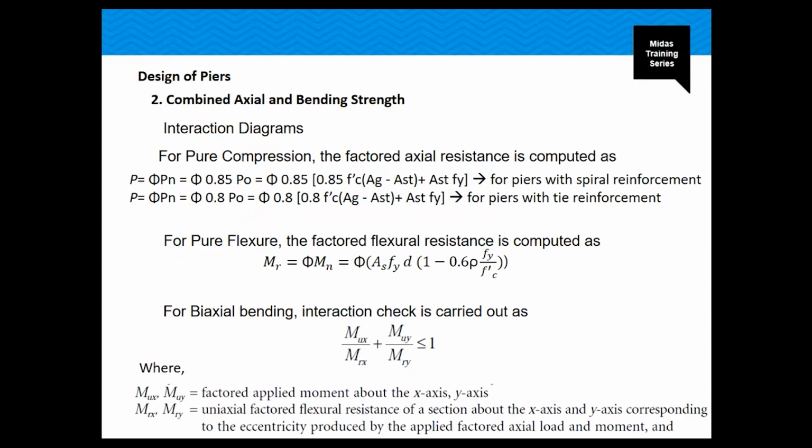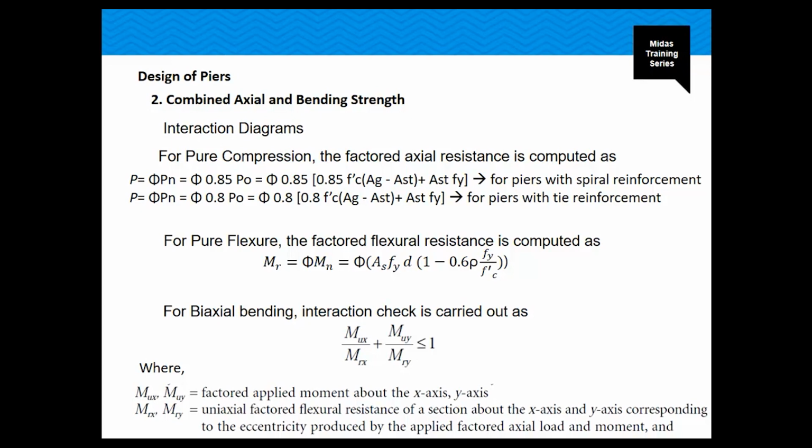Regarding the design of the piers, just an overview. The flexural resistance of the concrete is dependent on the axial force acting on the member. So what we usually get from the analysis or design of the pier is the interaction diagrams for the design of the compression members, which are usually the piers.